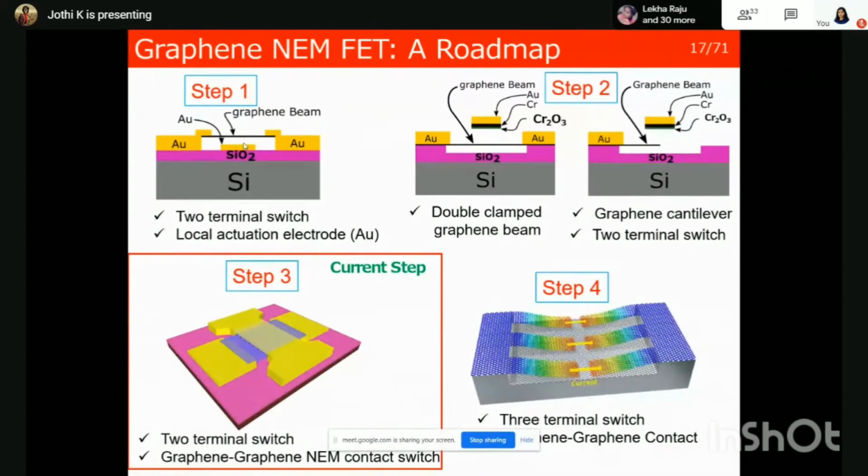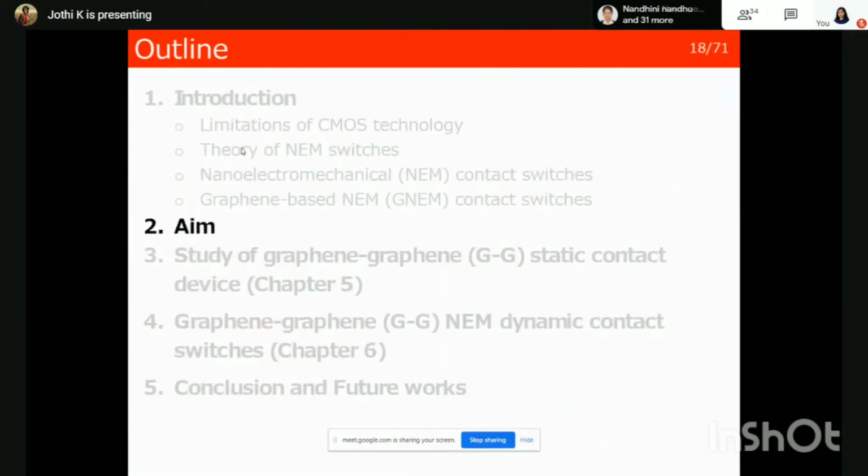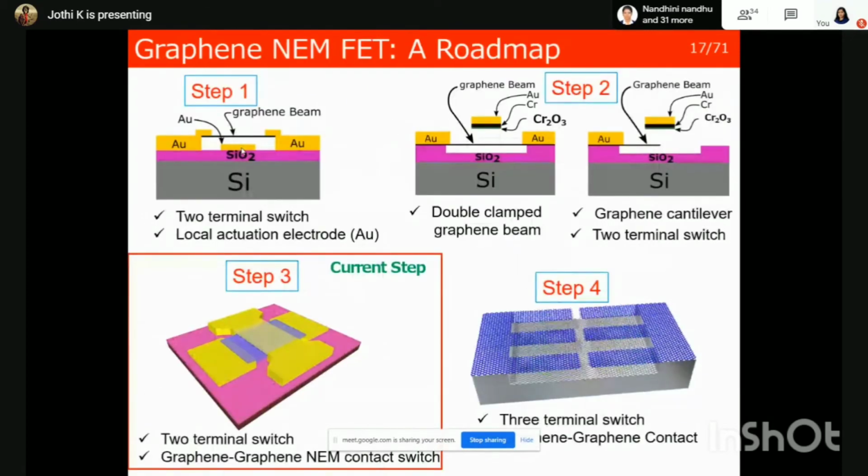The problem is, once the graphene beam hits the gold electrode, it really gets stuck with it, because the carbon atom and the gold atom make a covalent bond. You cannot break it, and that is why it failed. Unfortunately, I don't have the results here, but it is published in Applied Physics Letters. You can get it if you want.